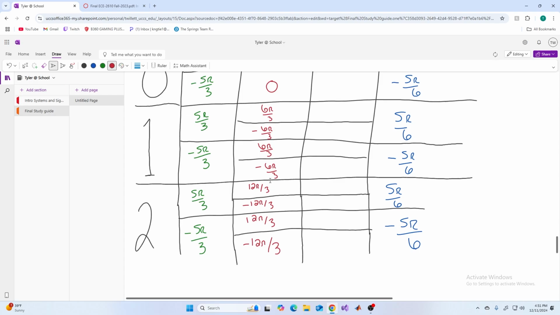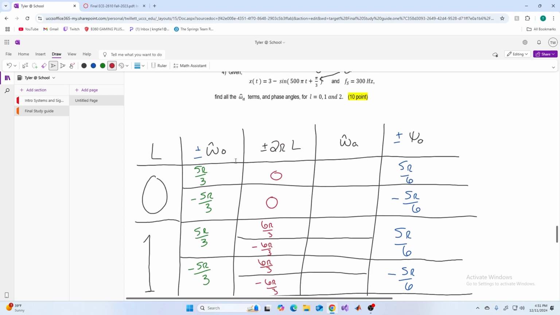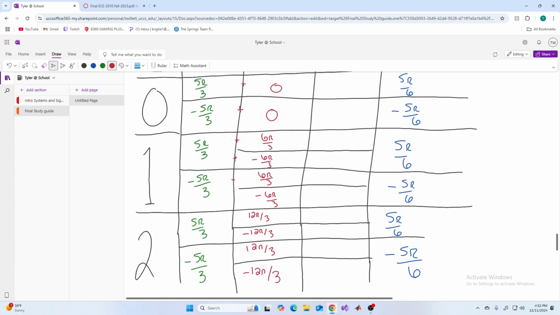Now I'm going to show you my little trick. I take these values here, and you just add them all the way down. You add them, and this is what they equal.